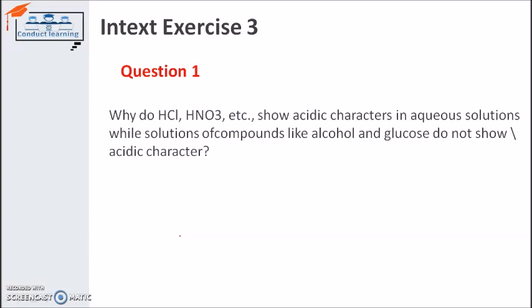Because of that, they show their acidic character. But when you put alcohol and glucose in water, they do not produce H ions. Either they contain H, but they do not release those ions. That's why they do not show acidic character.